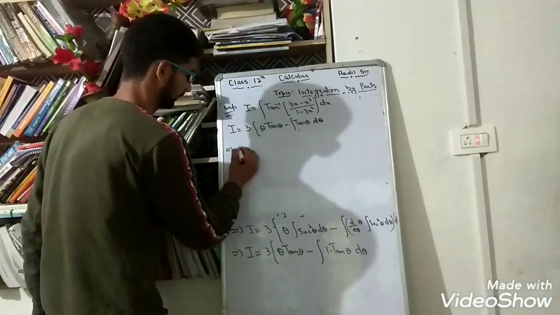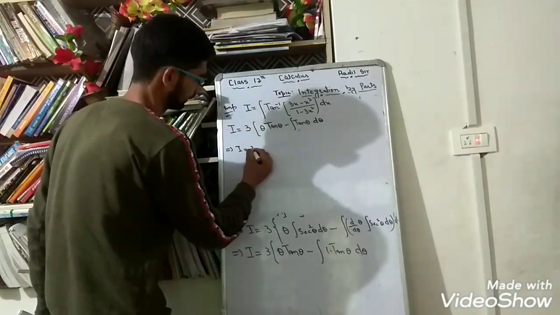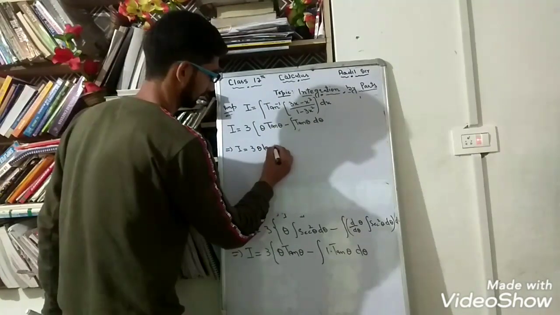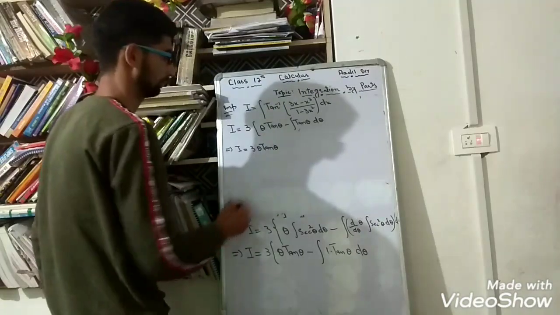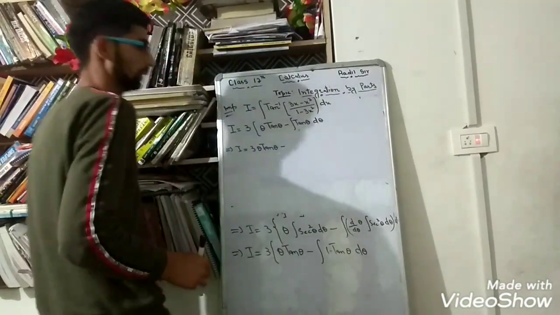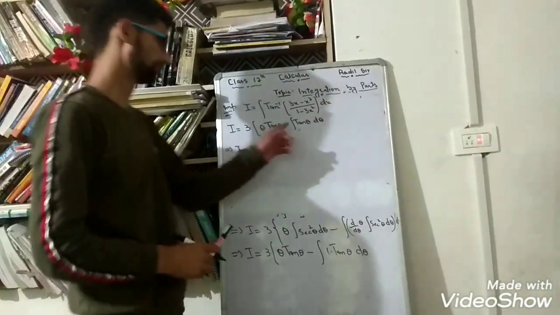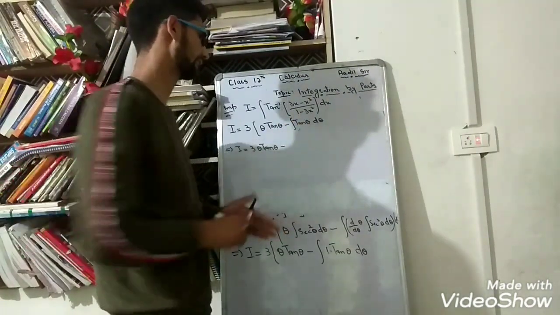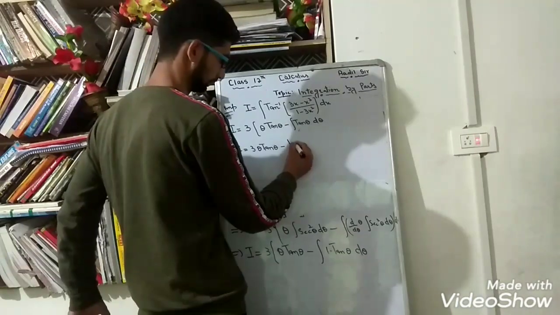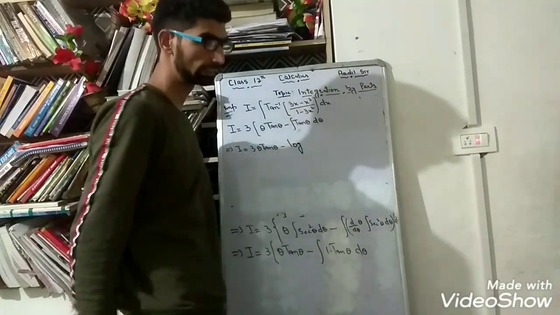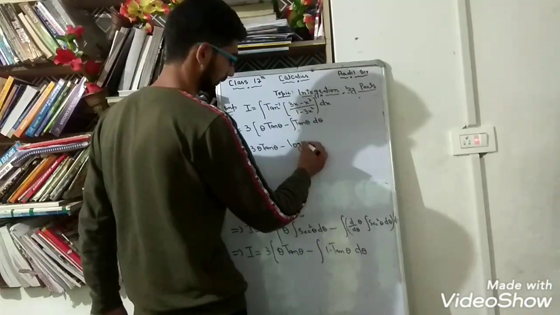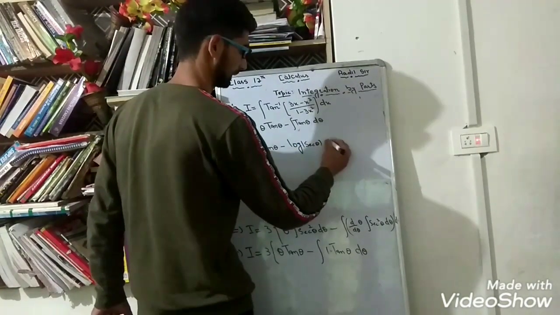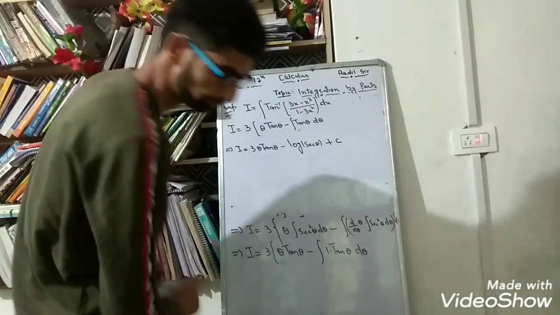Which implies I is equal to 3 times theta tan theta minus the integral of tan theta. We know that the integral of tan theta is equal to log of sec theta. So here it will be log of sec theta plus c.